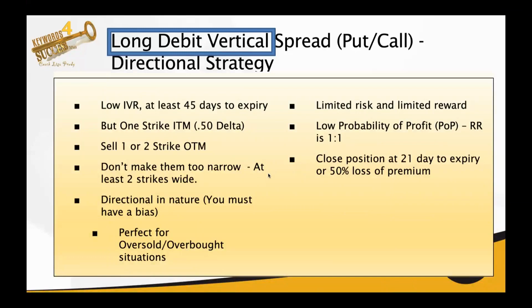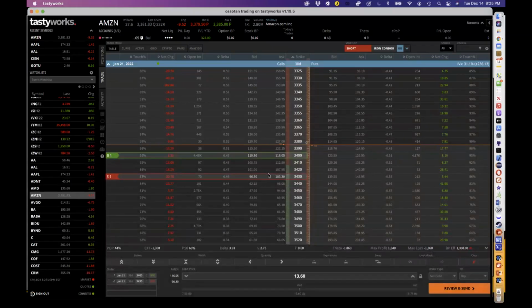Now, because it's a long debit spread, you have to have a bias. That means you are bullish on the stock. Because if I think that Amazon is going up in the next few weeks, I can buy a naked option, which is this here. I'm buying a long option, and then I'm risking $11,000. Or, okay, you know what?